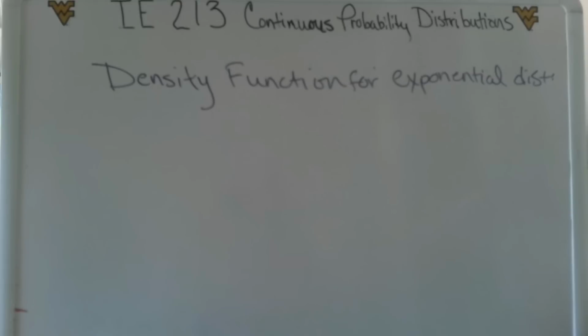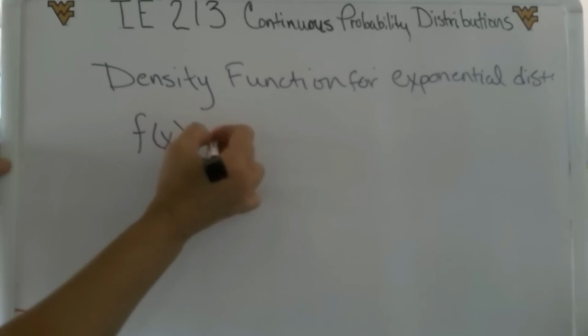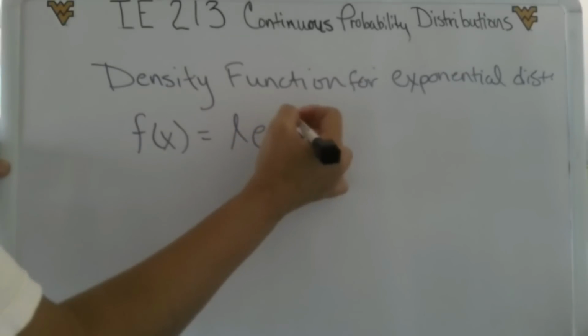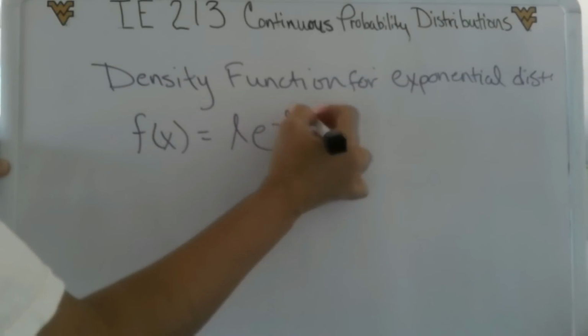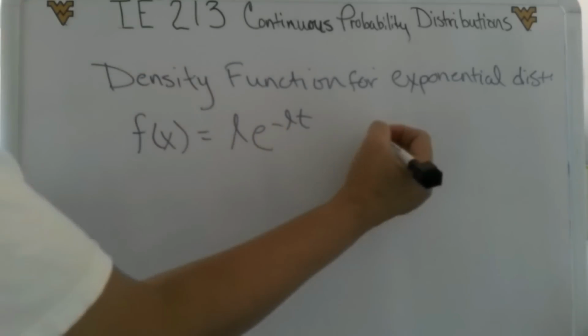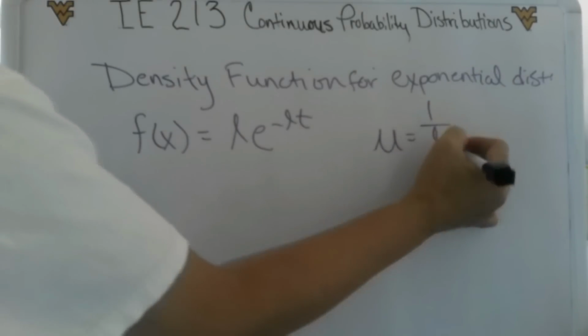The density function for the exponential distribution would be f of x is equal to lambda times e to the minus lambda x, which is the density function of the exponential distribution with mu equal to 1 over lambda.